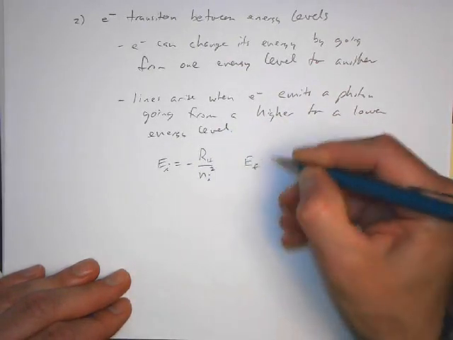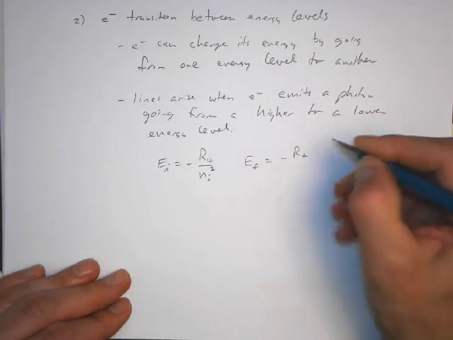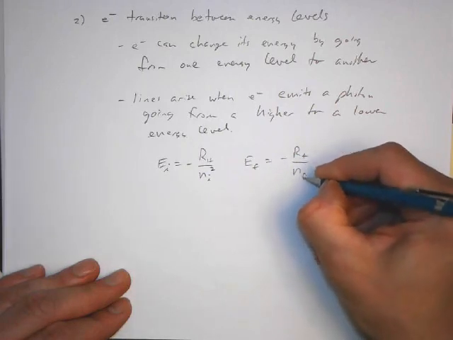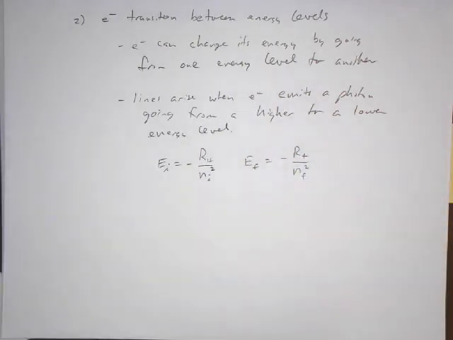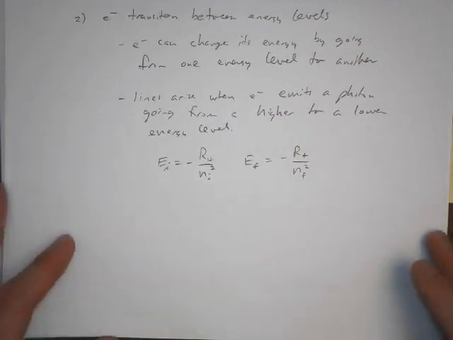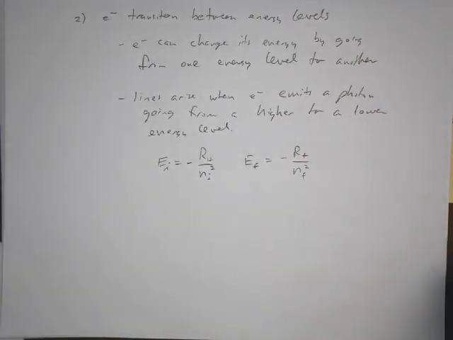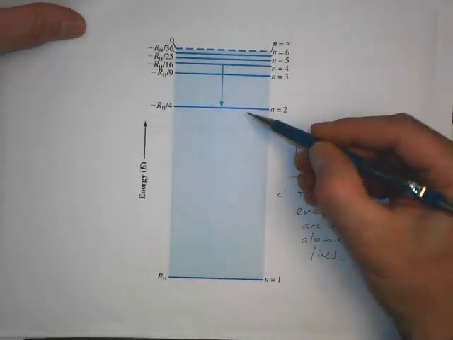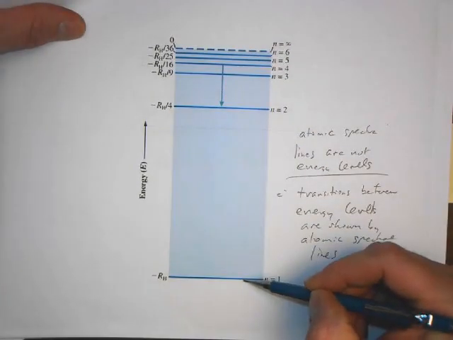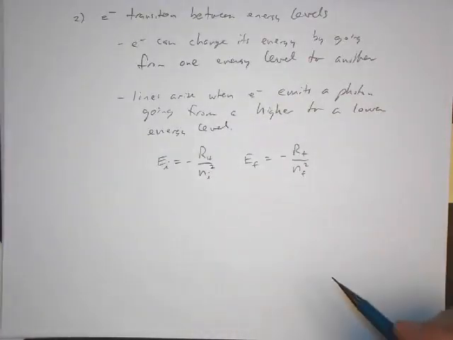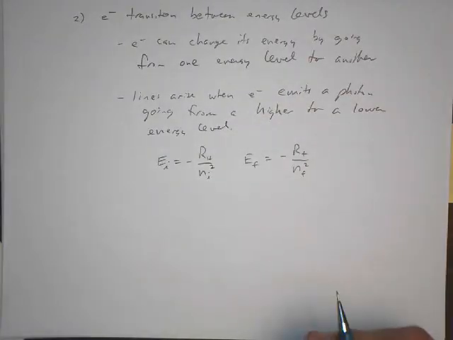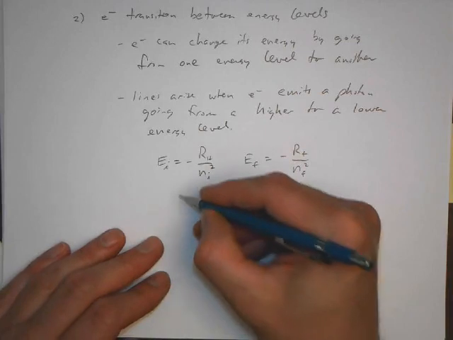The final energy level would be given by the Rydberg constant over the final quantum number. So how would we predict what the wavelength would be when we're going from energy level 2 to energy level 1, for example? Let's get a general equation to be able to do that.